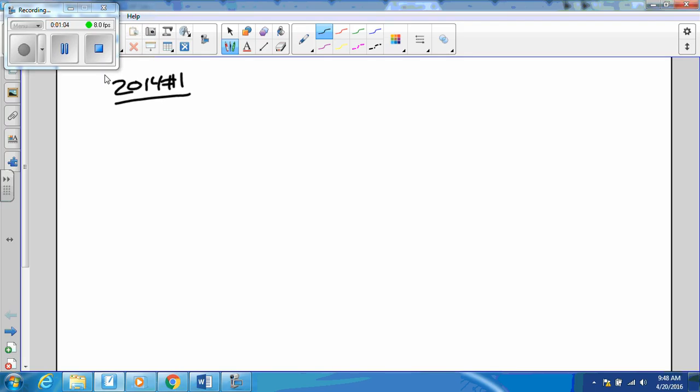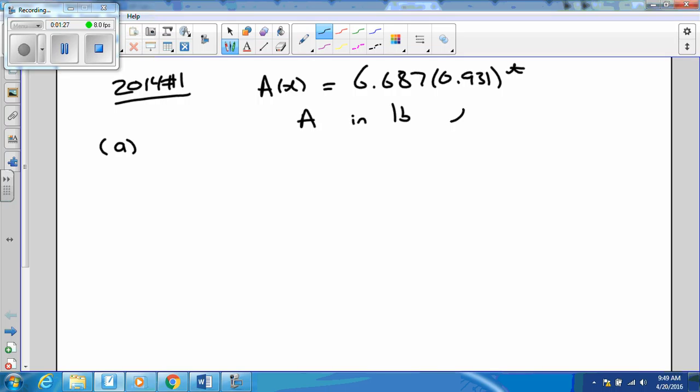In part A, you are given an amount of grass clippings in pounds modeled as 6.687 times 0.931 to the t power, where A is in pounds and t is in days.